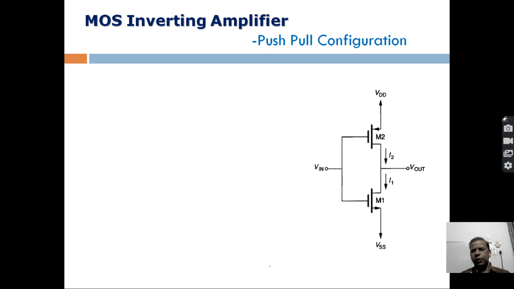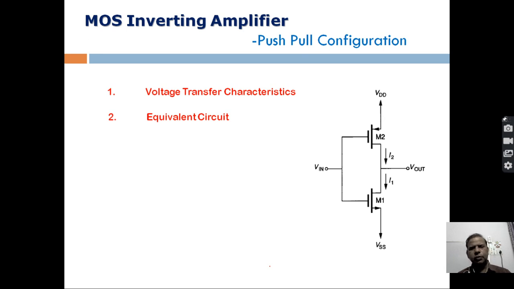Okay, so after having this much understanding about this MOS inverting amplifier with push-pull configuration, now we will discuss some important points. First we will see the voltage transfer characteristics, then we will see the equivalent circuit. The equivalent circuit is very important for any electronic circuit because it helps us find many important performance parameters.